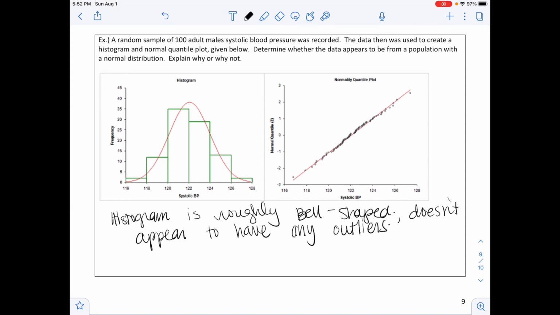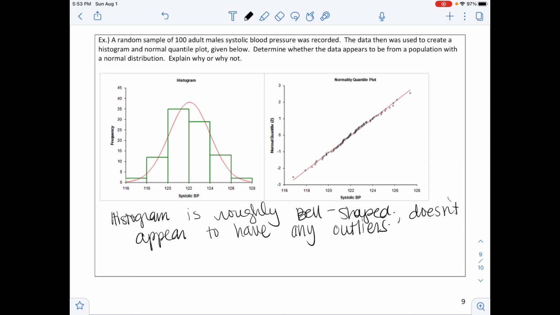But again, if we had the raw data, we can easily calculate our interquartile range using one var stats and getting Q1 and Q3, and then from there calculating those fences to determine if we have any outliers there.